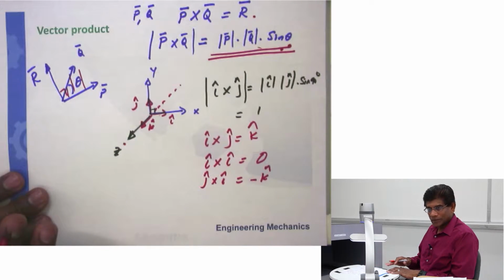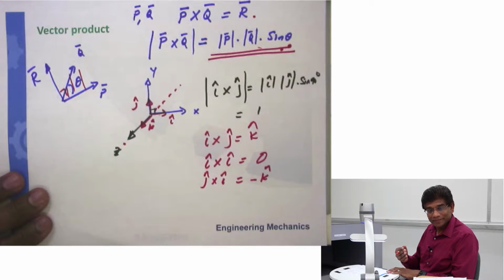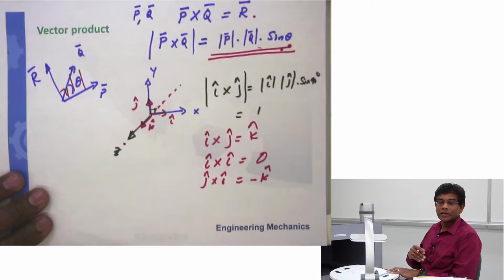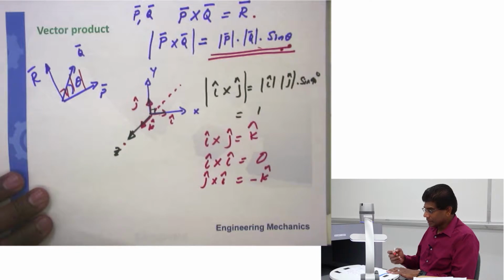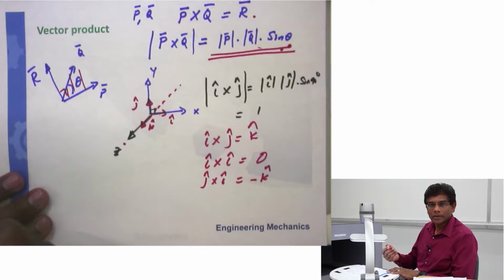But in the context of engineering, P and Q are two vectors that are more meaningful to us. One of them is going to be the force vector. Another one is going to be the position vector. So, how can we apply this for calculating moment? And how can we use this in solving 3D problems is what we are going to look at.